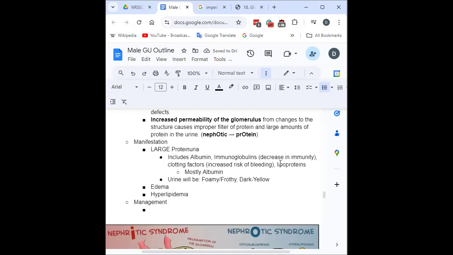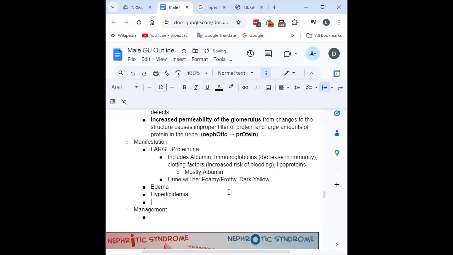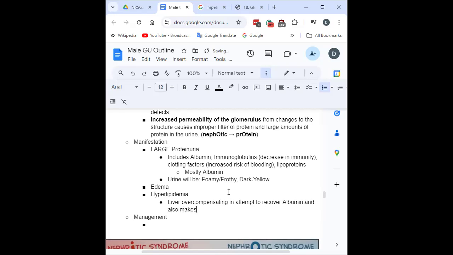Your liver is going to make more albumin to compensate, but your liver also makes cholesterol and triglycerides. So the liver is overcompensating in its attempt to make albumin, and also makes too much cholesterol and triglycerides. So you'll have a buildup of fat as well because of that.